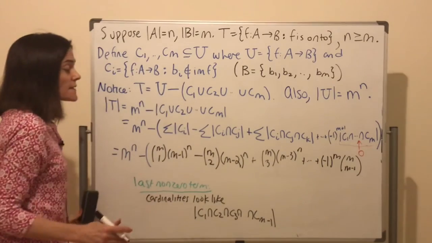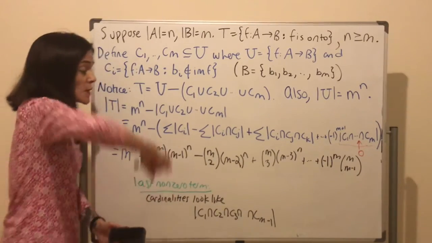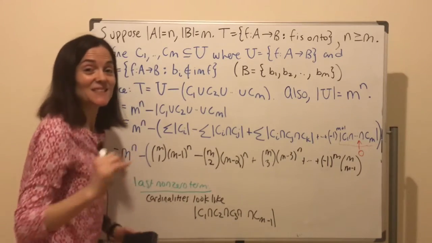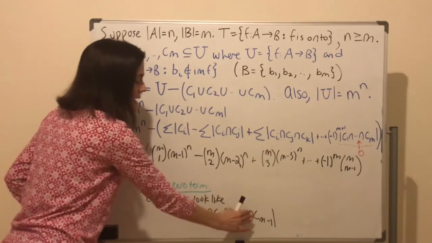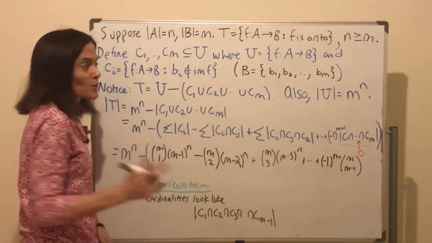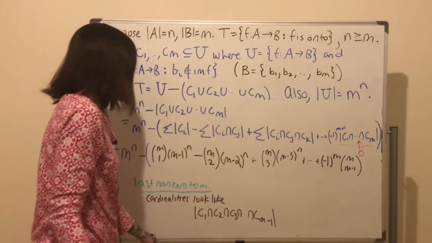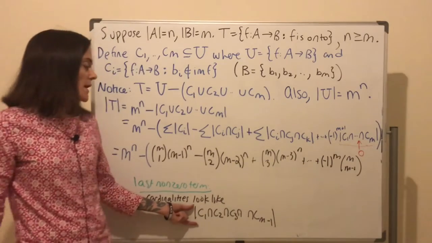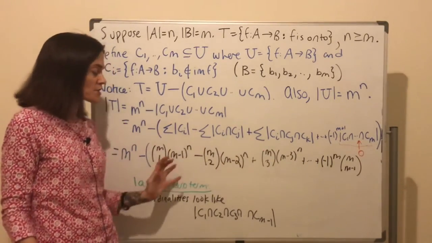It's not only this one, it's all possible intersections where only one of the sets is not there. So for instance, you have C2 to CM, C1 to CM minus 1, and you have a total of M in total, which is this quantity here. Well, let's just count this one because they all have the same cardinality as we have seen in the other terms.